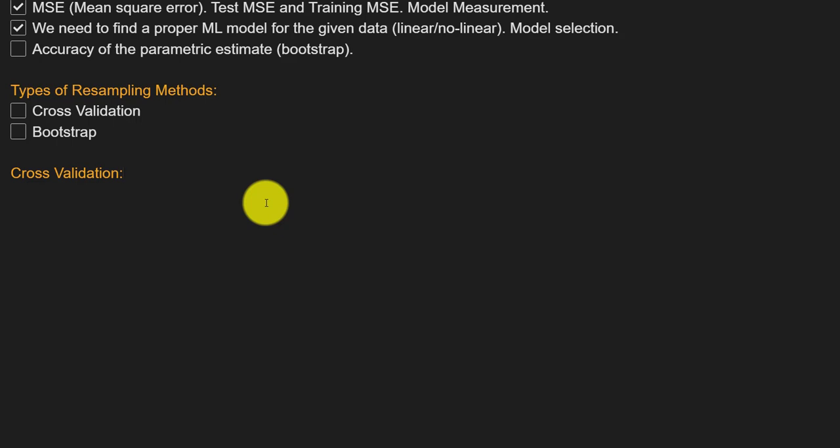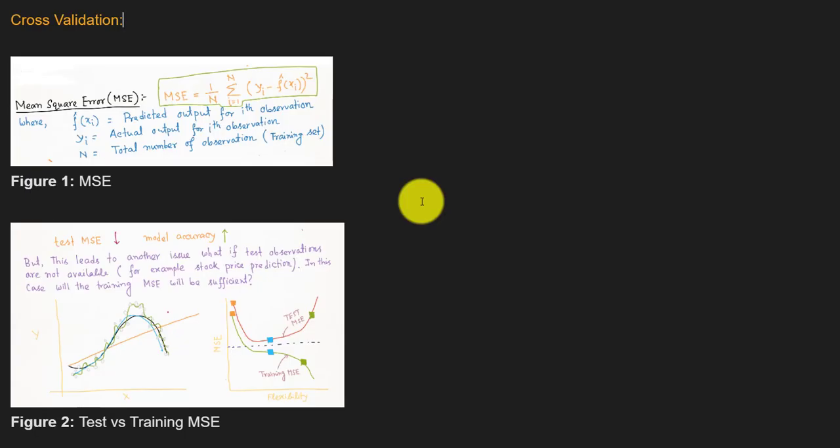Before we talk about the different cross validation methods, let me pull out a couple of pictures which we discussed in our previous video to recap. Here you see two things we saw in my model measurement videos.